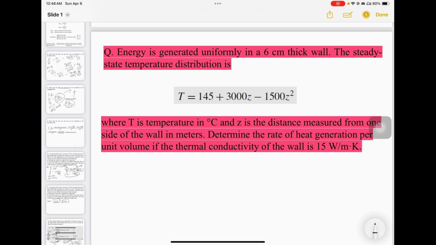Determine the rate of heat generation per unit volume if the thermal conductivity of the wall is 15 watt per meter Kelvin.